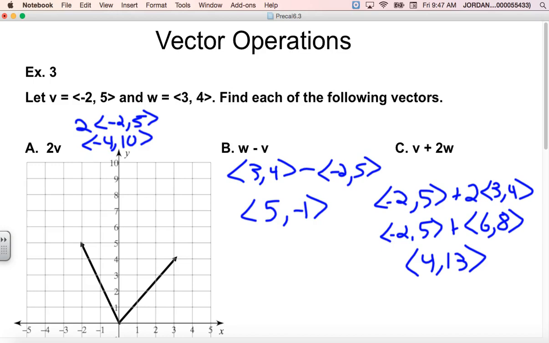So whenever you want to do w minus v, essentially what you're going to do is have the w vector, and then what you want to do is put the vector you're subtracting or adding, its initial point is now going to be at the terminal point for w. So let's see if I can get this vector here to move.